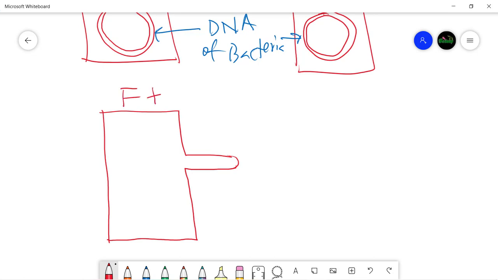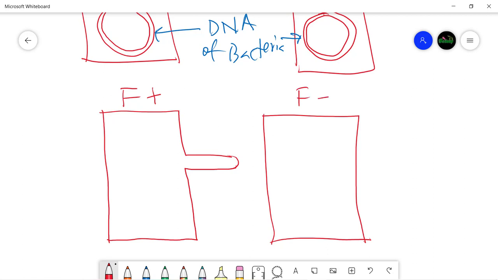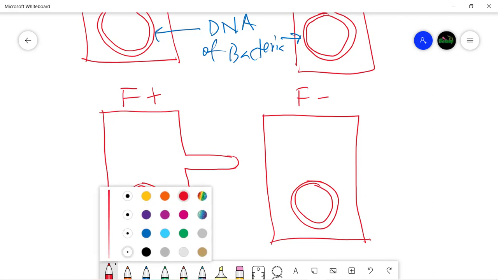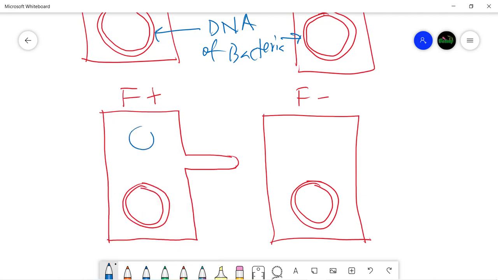Now it has formed an F pilus, and this is the other cell as we have just drawn, F minus. Now it contains its own DNA, and it has a circular piece of DNA.